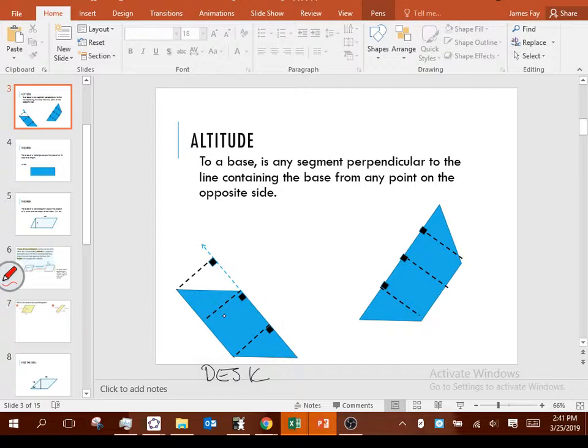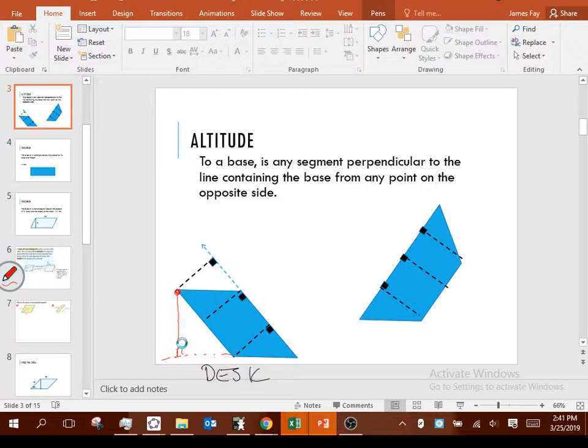So if you had a tangram in front of you and you put it on your desk, most of you would take your ruler or your tape measure and measure straight down to the top of your desk, right? Does that make sense? Is that solid red segment also an altitude? Absolutely. Because it goes from a base perpendicular to the opposite side.